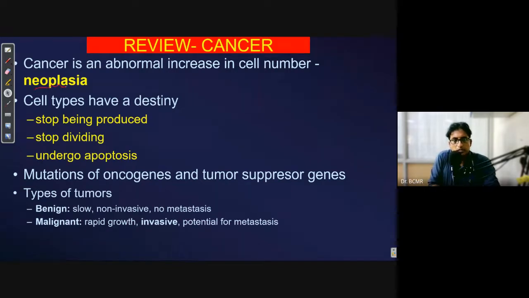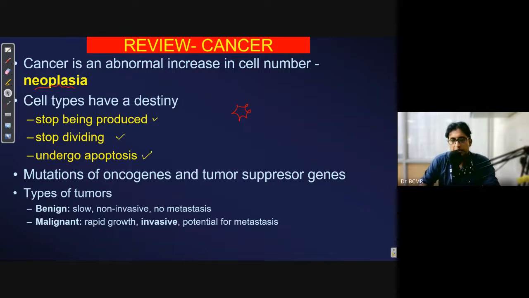It's neoplasia, uncontrolled cell growth, cell cycle dysregulation because of which cells grow more. In general, normal cells have a certain fate: some will not be produced anymore, some will stop dividing and undergo apoptosis.